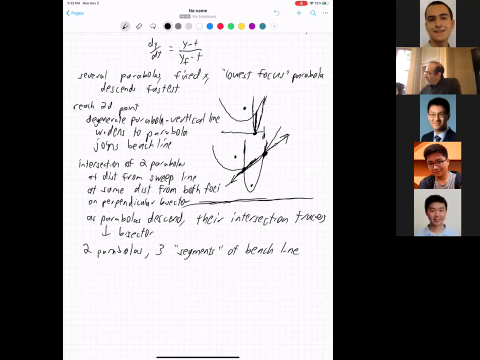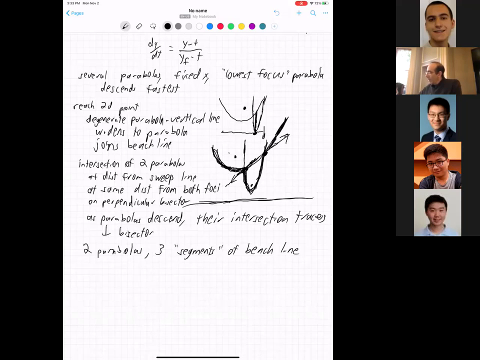what I said is that we looked at this intersection of two parabolas, and that defines the beach line, right? So the first part of the beach line is this piece of a parabola. It then intersects with another parabola, and the second part of the beach line comes from the second parabola. The third part of the beach line actually comes from the first parabola again.